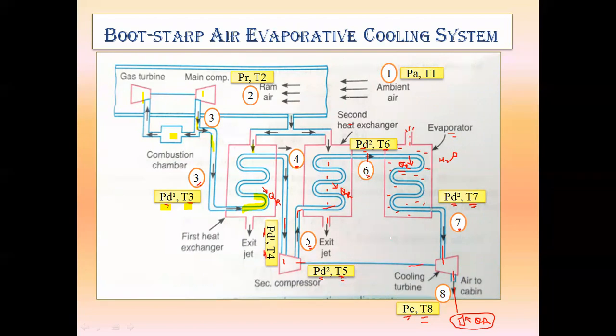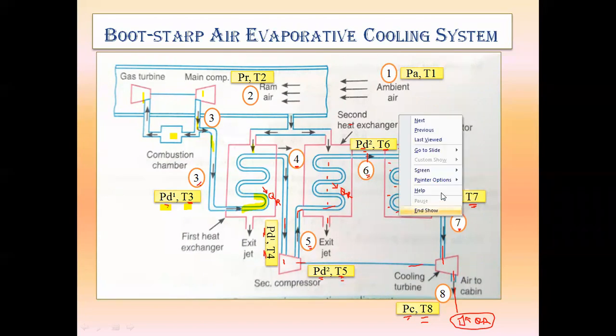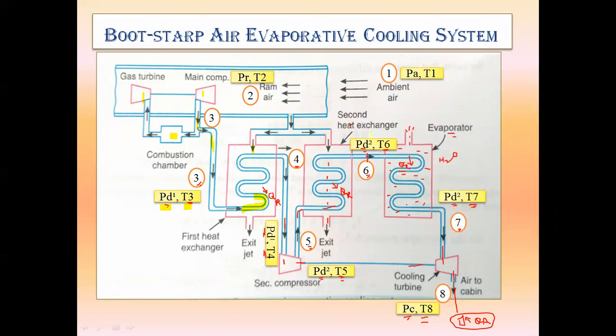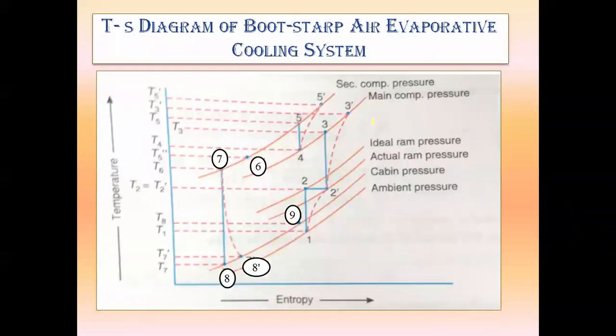Here this system is similar to the bootstrap air cooling system, only with the addition of this evaporator. Are you getting it? If I look at the TS diagram, it will be similar to that of the bootstrap air cooling system, only with the addition of this portion, 6 to 7. Now I will explain.